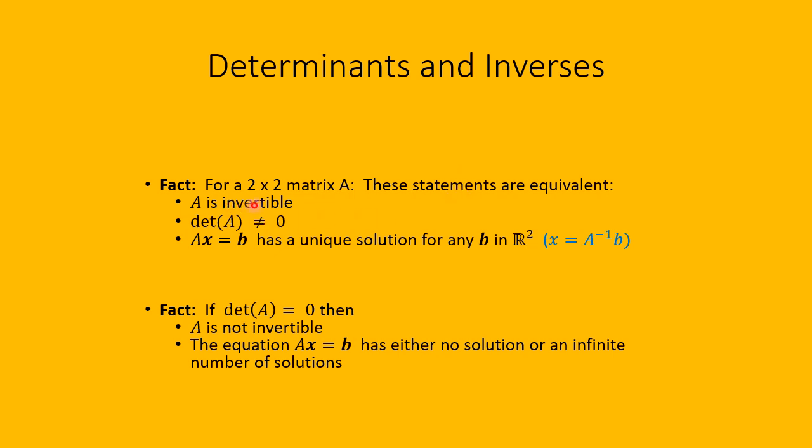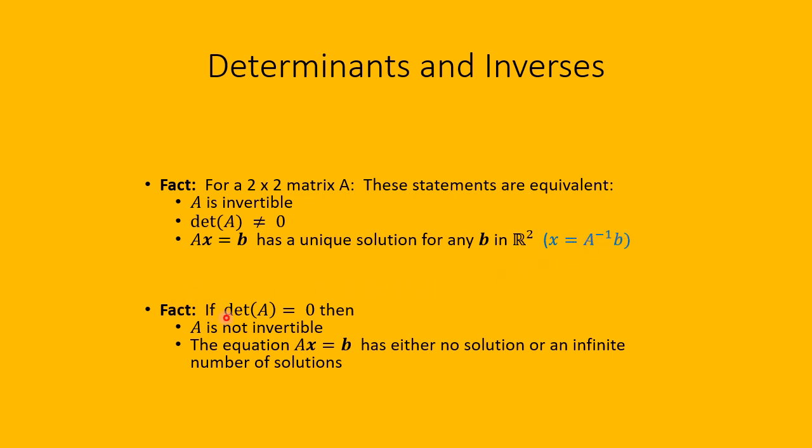First statement, A is invertible. Second statement, the determinant of A is not 0. And the third statement, the equation AX equals B has a unique solution for any B in R2, B being a vector with 2 components. And in fact, that unique solution is X equals A inverse B.